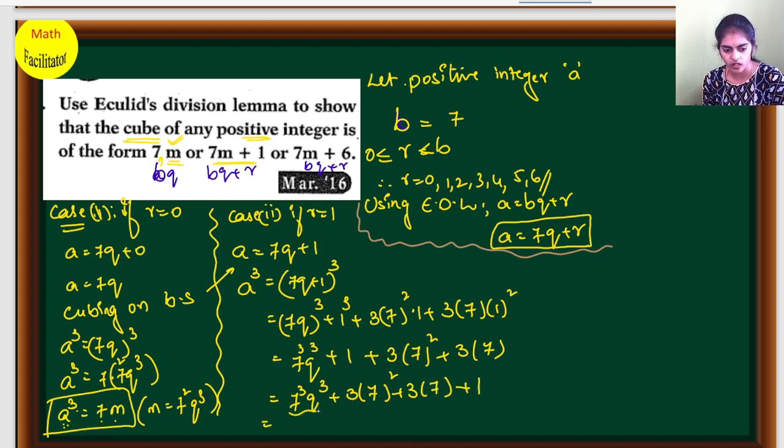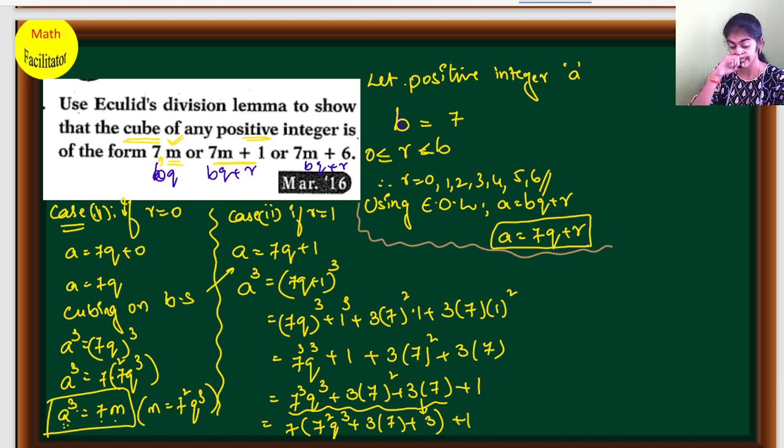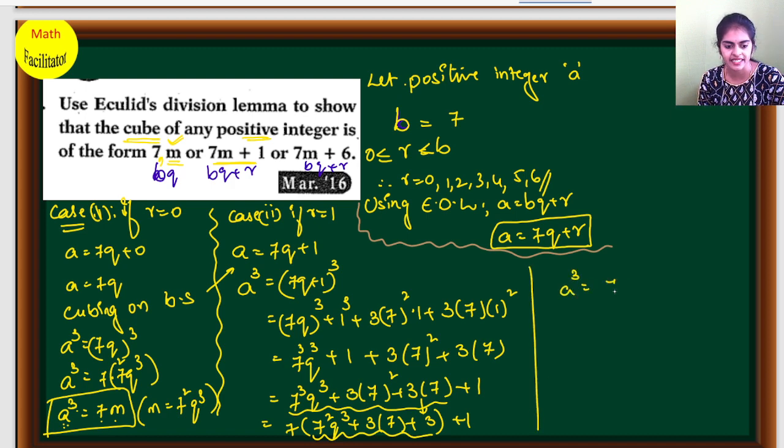So now from all these three terms till here I can take 7 common. And if I take 7 common, I will have 7 square q cube plus 3 into 7 plus from here I will have a 3. Close the bracket and plus 1 you have. Now this entire bracket I can take as m, so a cube equal to 7 into m plus 1.